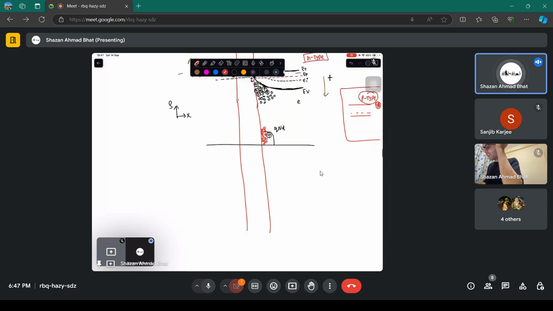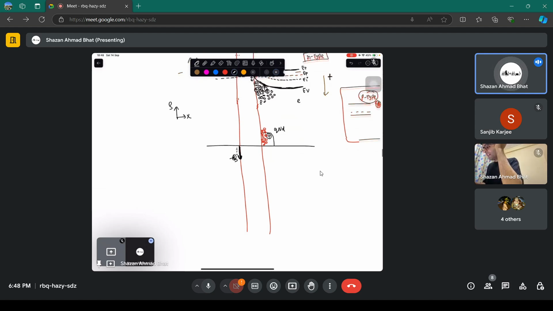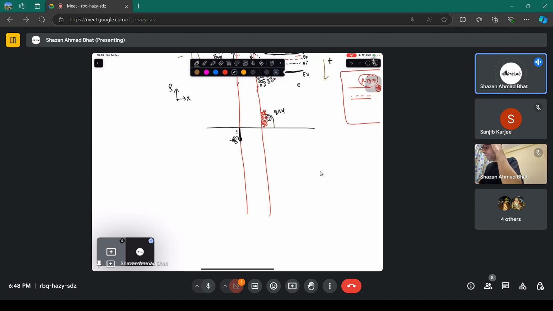So whenever the holes get accumulated at this particular region, the number of electrons on the metallic side is going to increase, minus Q. Now you have the picture where you have free holes here and free electrons here. You have created a layer of carriers just beneath the oxide.